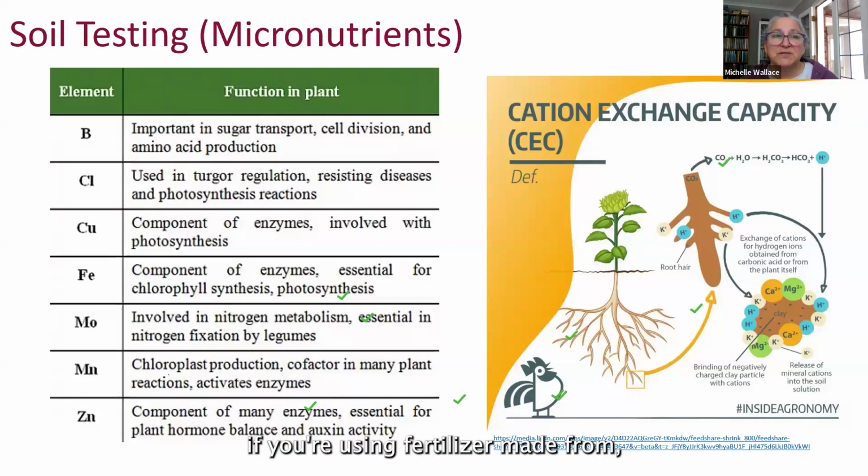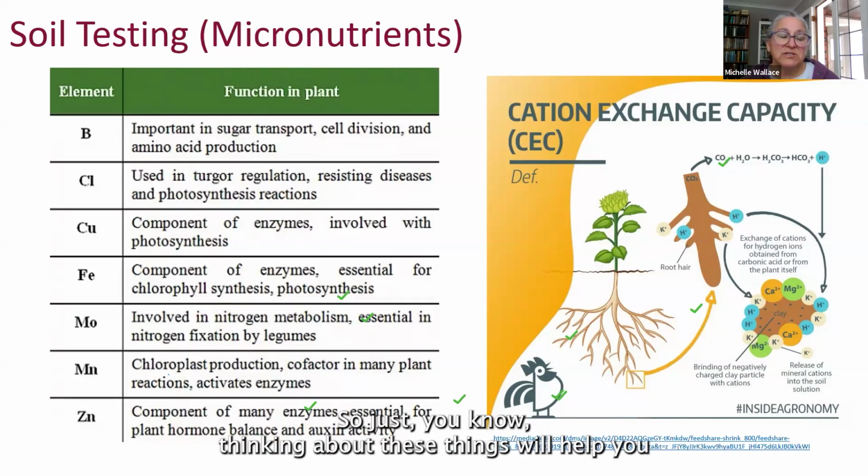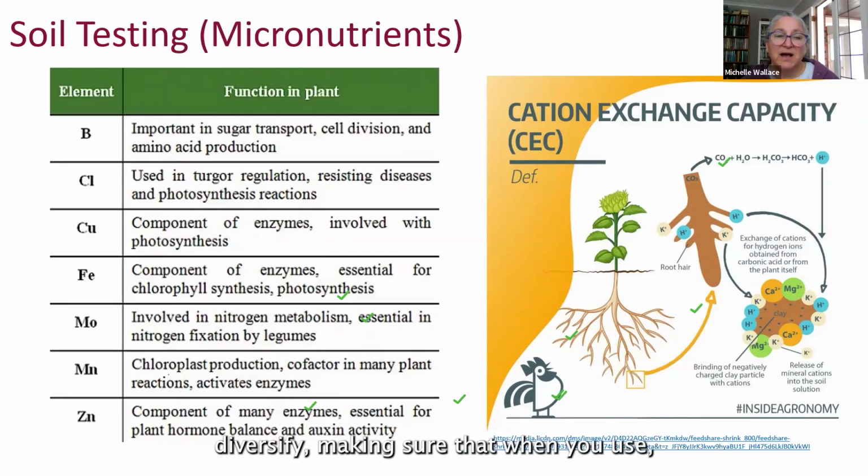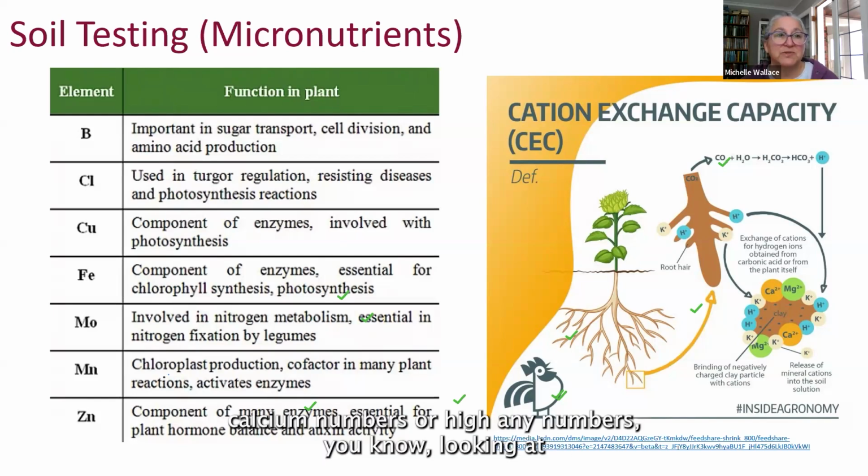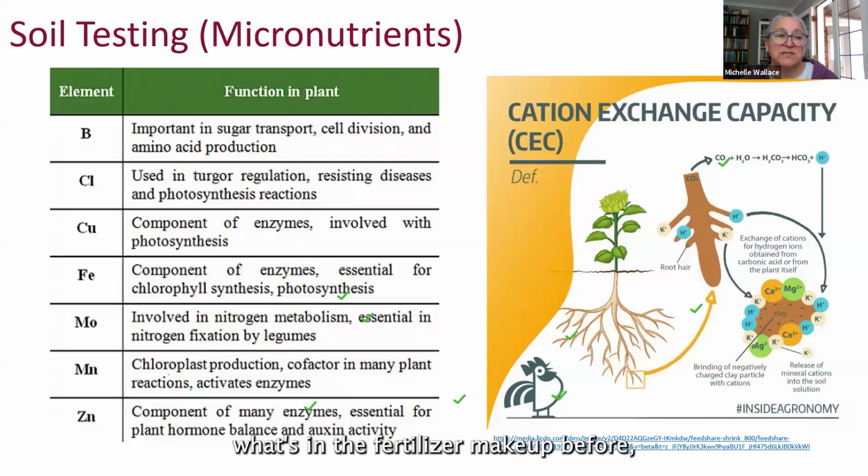If you're using fertilizer made from chickens, for example, what they eat impacts what's in the fertilizer. So just thinking about these things will help you diversify. If you have high calcium numbers or high any numbers, looking at what's in the fertilizer makeup before you put it out is helpful.